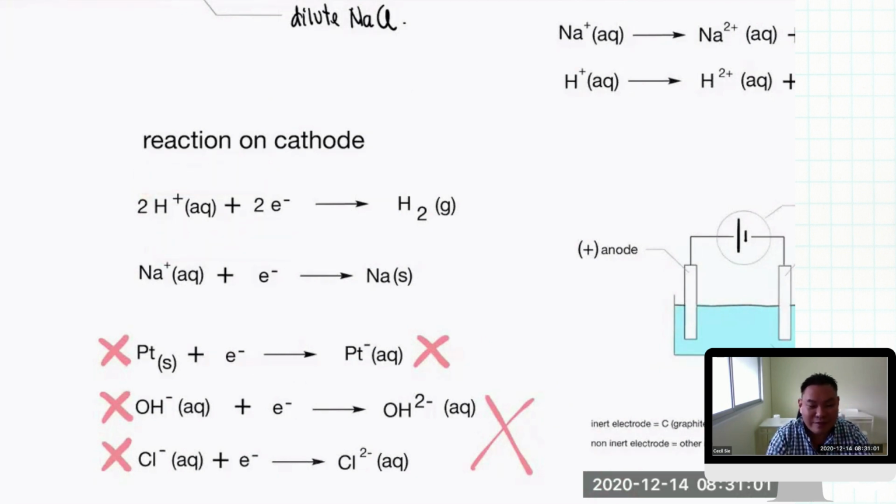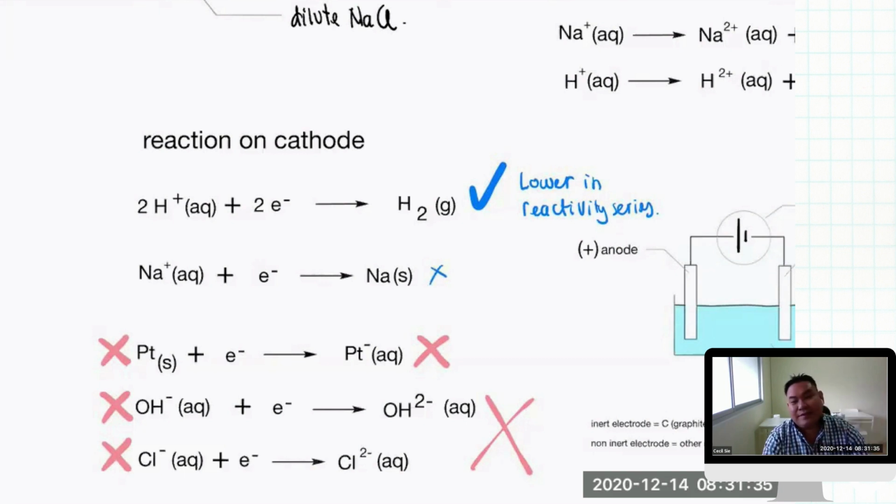We must choose one of them. Very simple. On cathode, we have only one rule on which one we should choose for reduction. We choose the one that is lower in reactivity series. In this case it is H plus. Yeah, Na plus is very high.